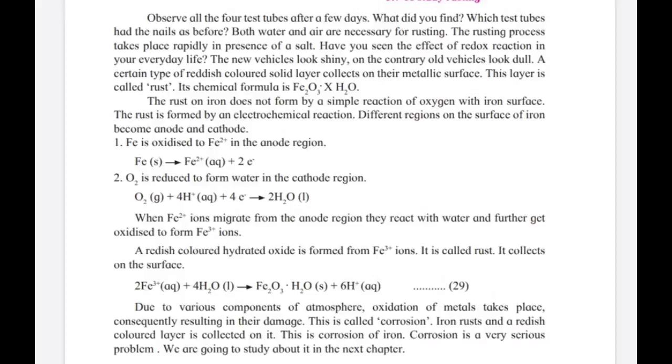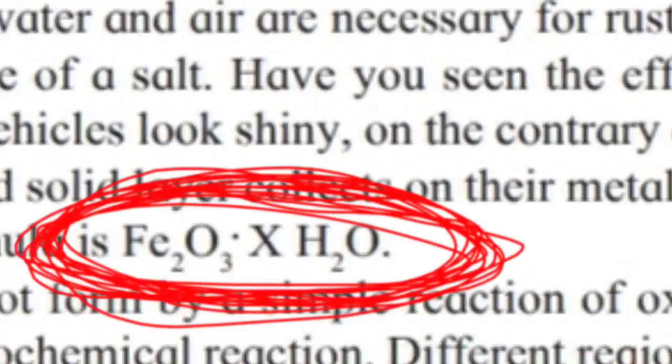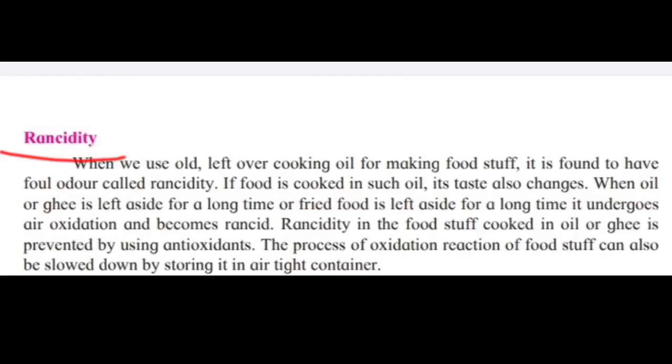A certain type of reddish colored solid layer collects on the metallic surface. This layer is called rust. Its chemical formula is Fe2O3.xH2O.